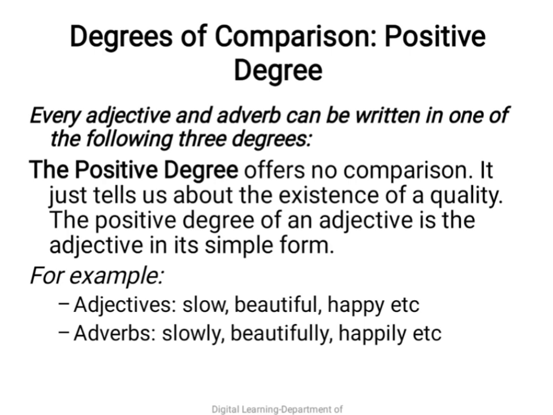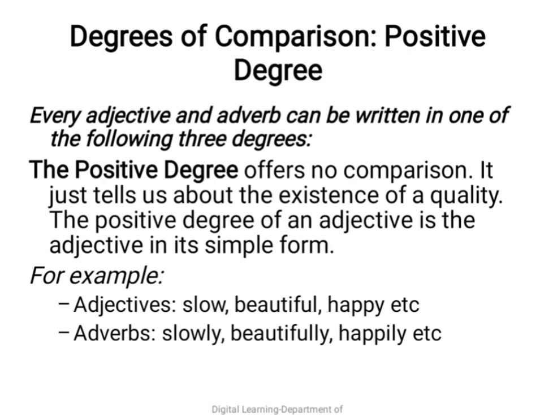So, every adjective and adverb can be written in one of the following 3 degrees. Let's now discuss about the positive degree. What happens in positive degree is that it doesn't offer any comparison. Rather, it just tells us about the existence of a quality.